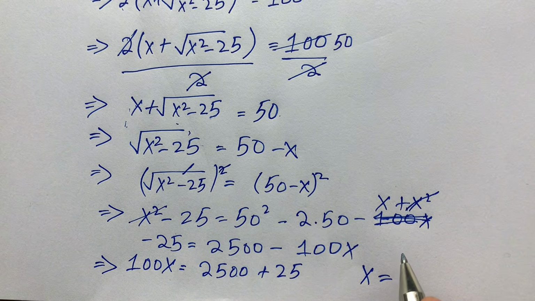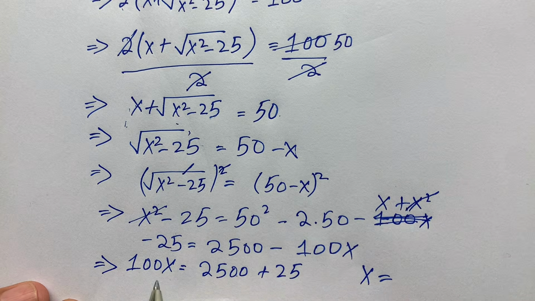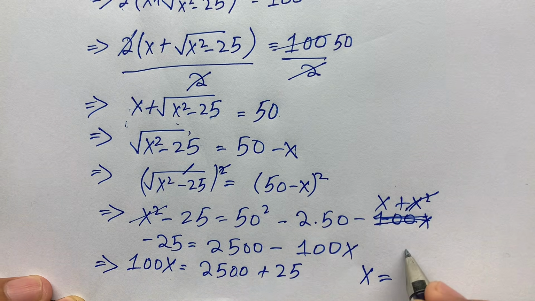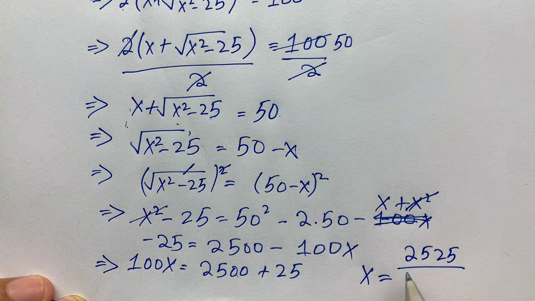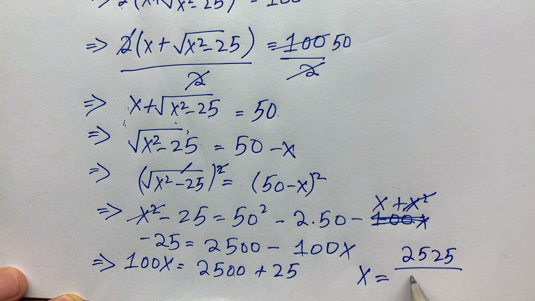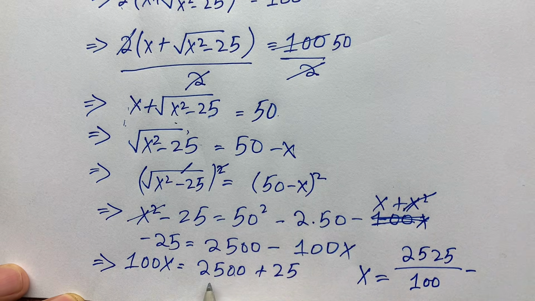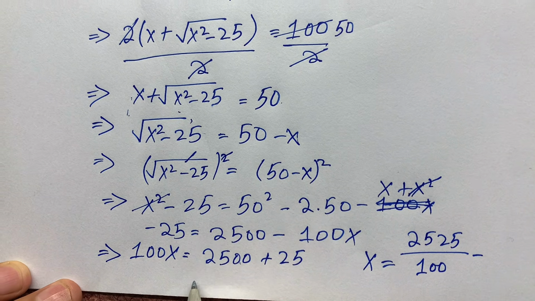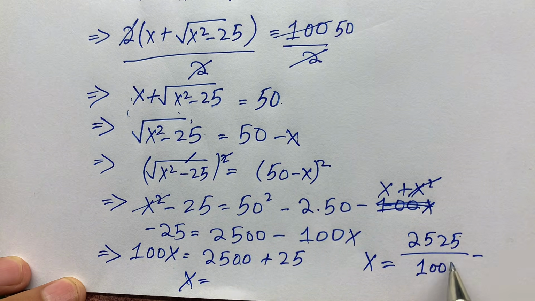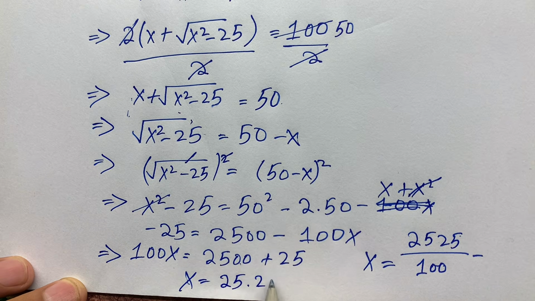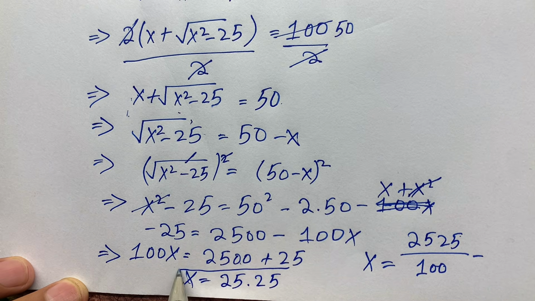Now x = 2525 divided by 100. After dividing, we get x = 25.25.